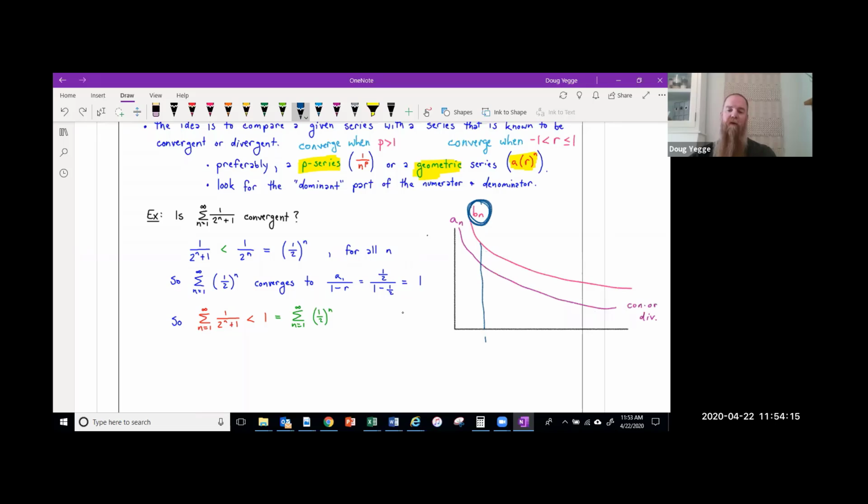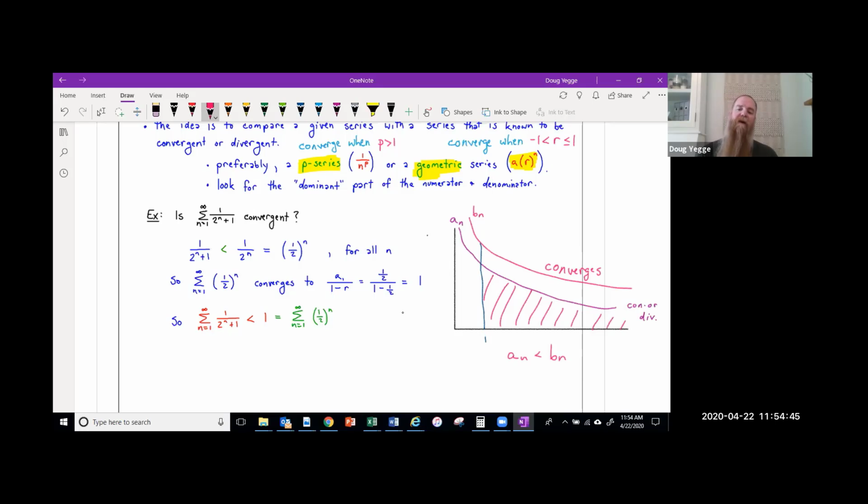Well, if I know that my original sequence A sub n is underneath the convergent sequence, and I already know that this sequence right here converges, then wouldn't this value right here, if A sub n is less than B sub n, and B sub n converges, wouldn't that automatically force A sub n to converge?